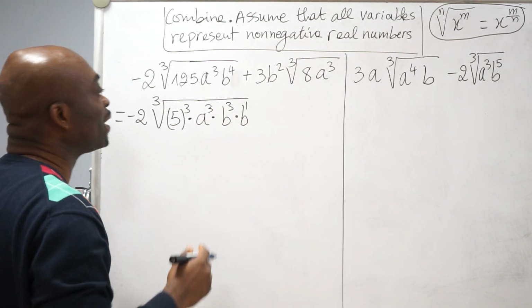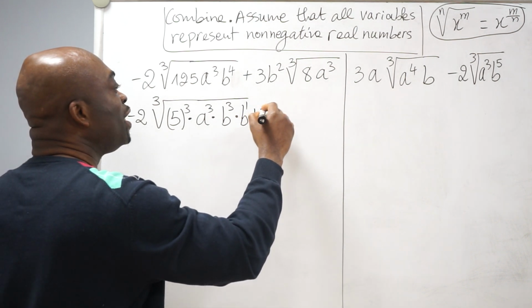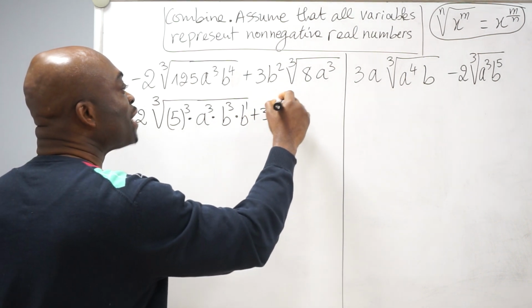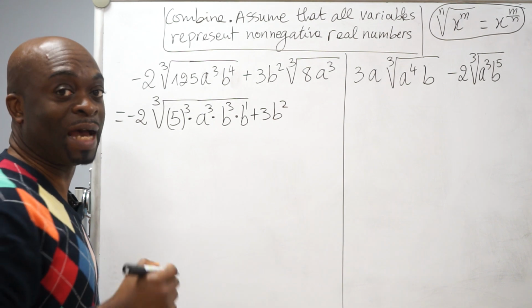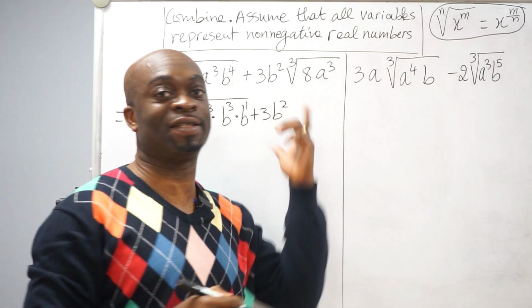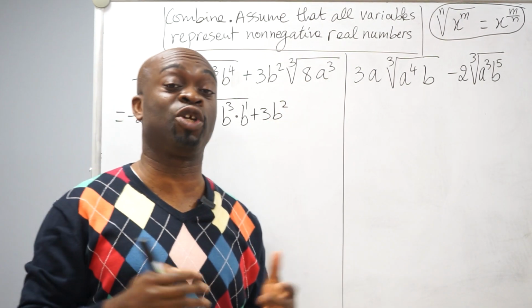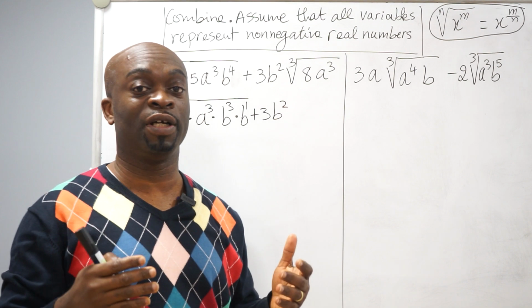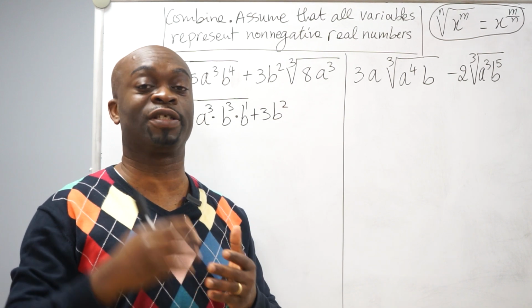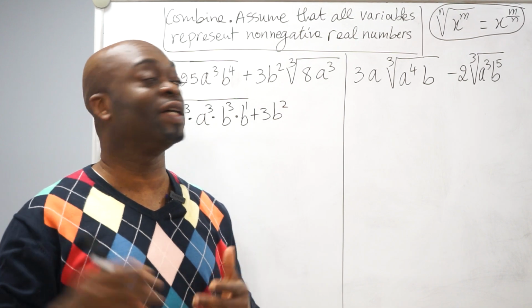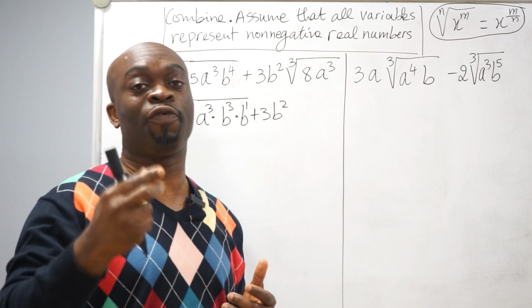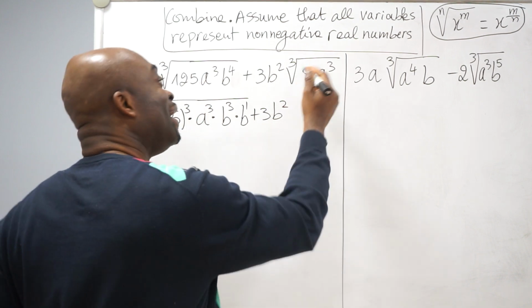So now you have plus 3b to the second power, and what's happening in this one? We have the cube root of 8. Is 8 a perfect cube? Yes, because 2 by 2 by 2 gives you 8. 2 times 2 is 4, 4 times 2 is 8. So 8 is a perfect cube.